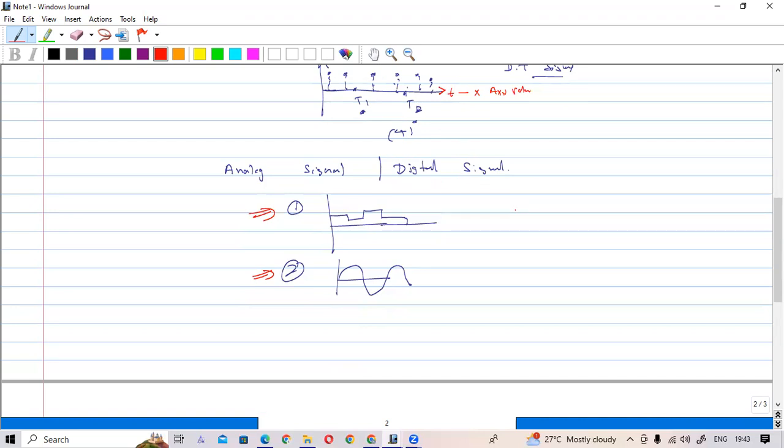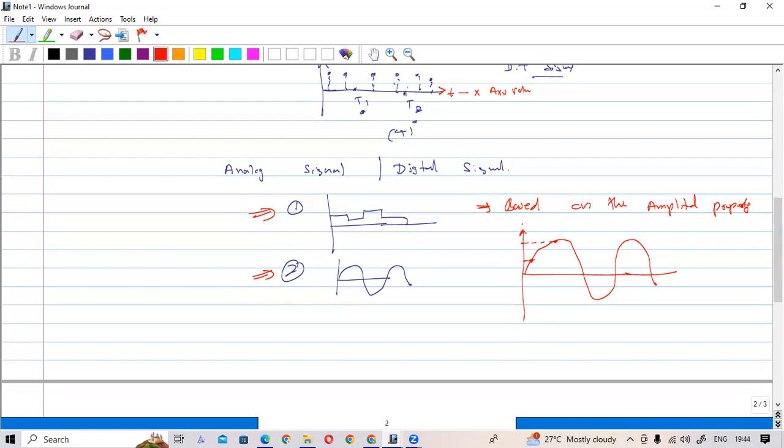Now, analog signals and digital signals are categorized based on the amplitude property. For example, let's take this kind of signal. If I take any two values, let's say this value and this value.